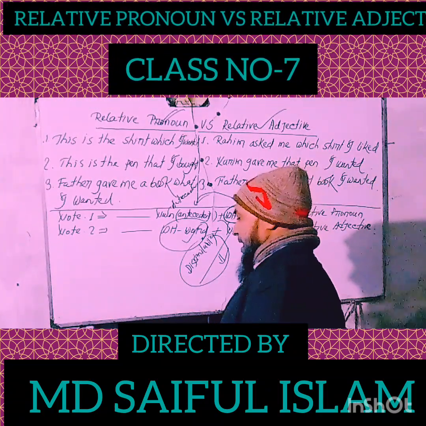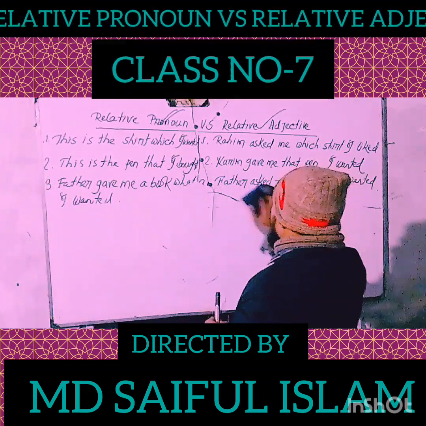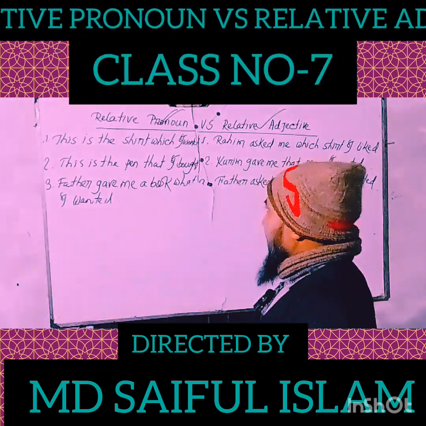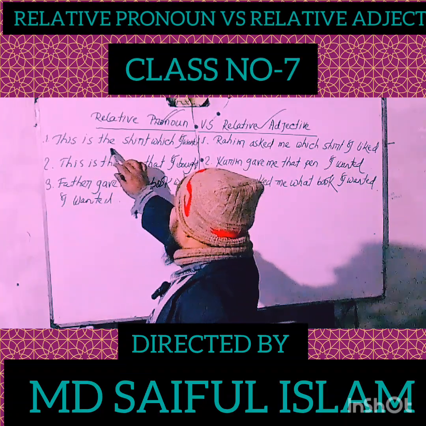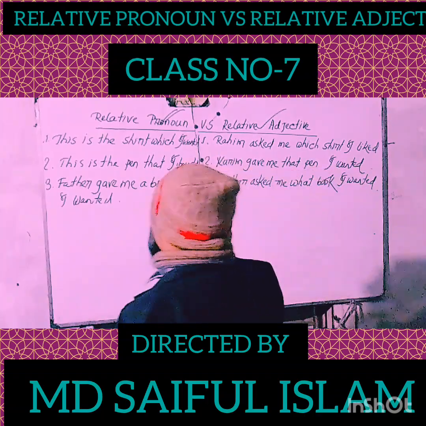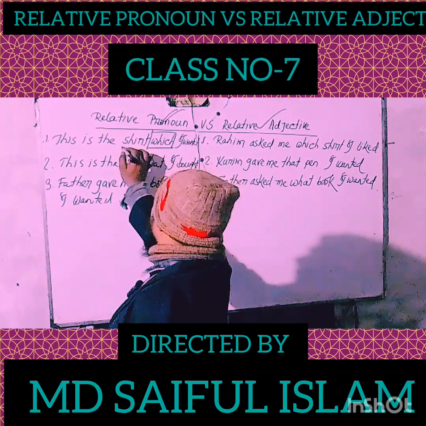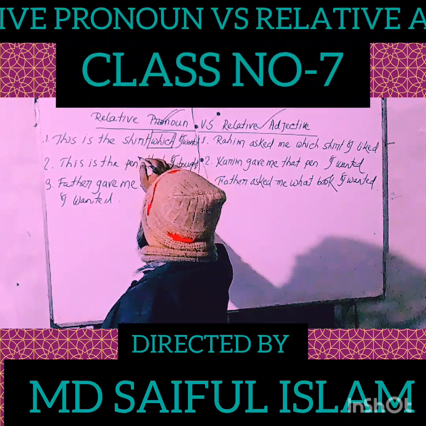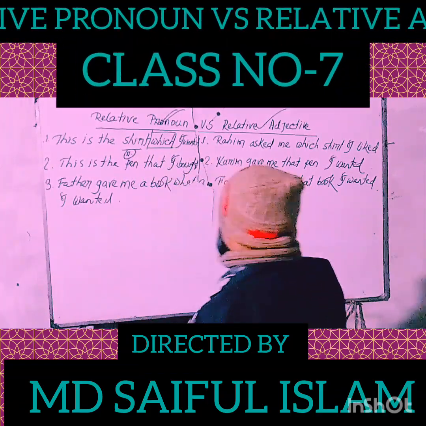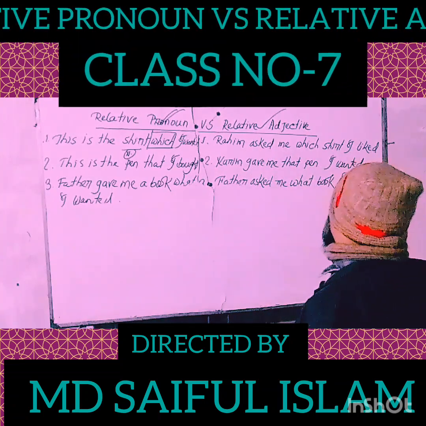Now I will clarify the complexity between relative pronoun and relative adjective. The first example I have written: This is the shirt which I wanted. Here which is underlined and used after a noun. On the contrary, another example: Rohim asked me which shirt I liked.